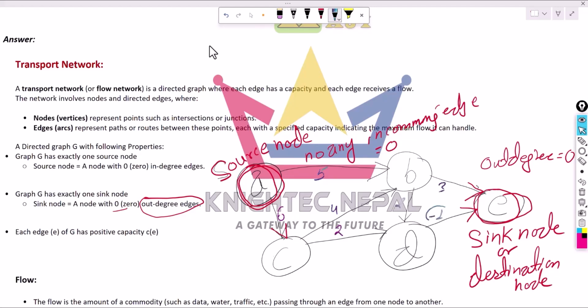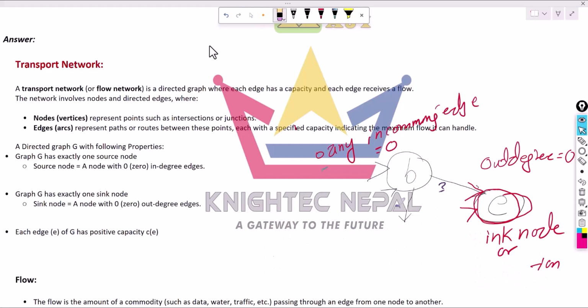It will neglect the -1, so you cannot assign the capacity of an edge as a negative value. Always assign positive capacity only, so negative values will not be used in the transport network. So let us remove these things.